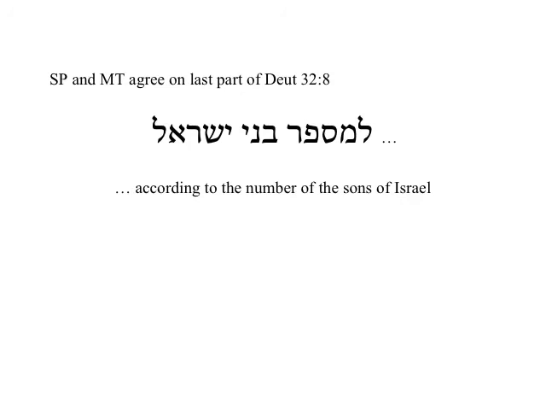And the larger issue, to keep it in focus, is that the Samaritan Pentateuch and the Masoretic tradition agree on the last part of Deuteronomy 32:8, that the nations were divided according to the number of the sons of Israel.